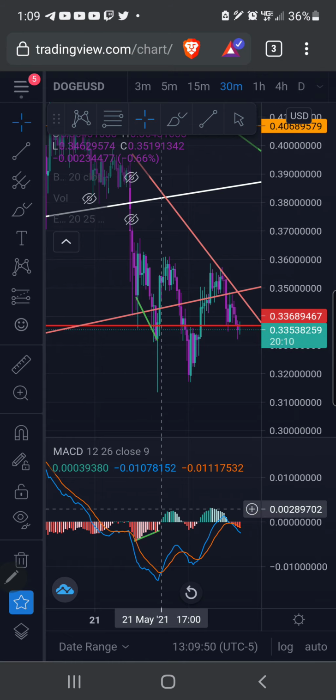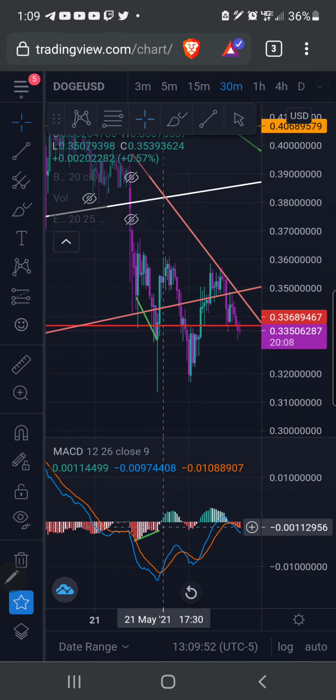If you draw a line, you can see right about there is when it decided, nope, I just wanted to come back and retest that 50% zone, and then it broke back down, and then it wanted to come back up, and it's still a lower high.